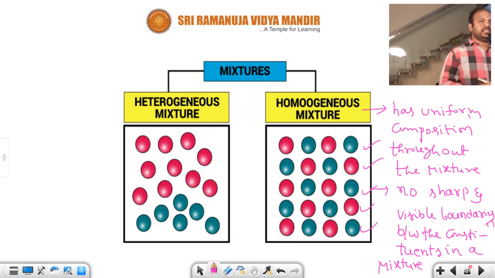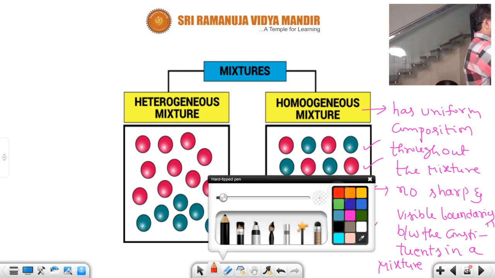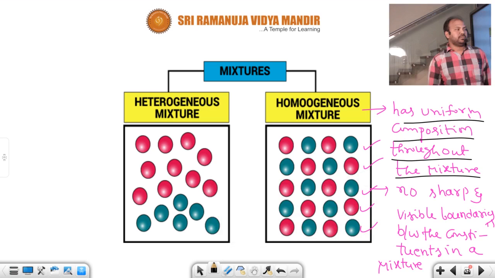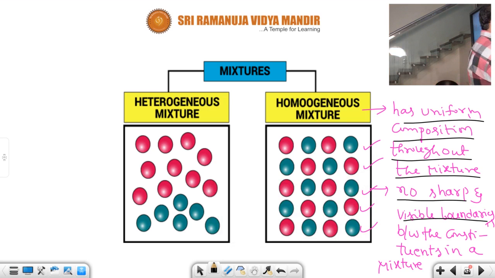That means with homogeneous mixtures, take a look here, we can't see by using the naked eye. Salt dissolved in water, we should see only water. But inside salt is already dissolved. But salt does not appear due to the reason it has uniform composition throughout the mixture.